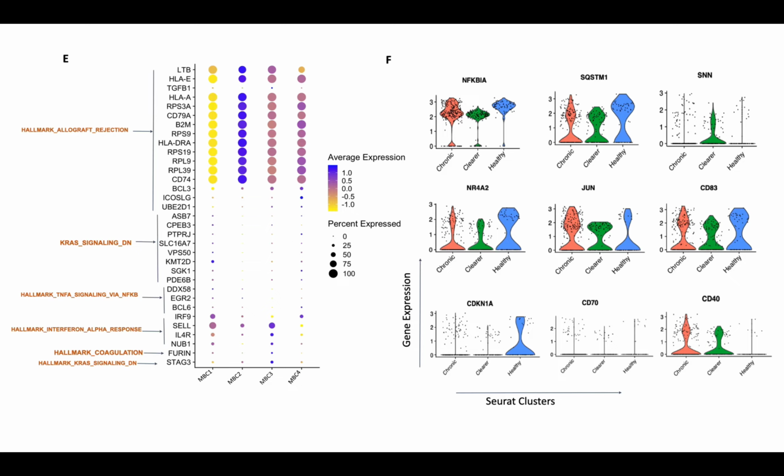Also we see here interferon alpha response, coagulation pathway, Notch signaling in memory B cell 2 and 3 clusters. So apart from the expected inflammatory response, these genes are involved in coagulation as well and collecting plaque in the arteries, which further affects other functions of the body.